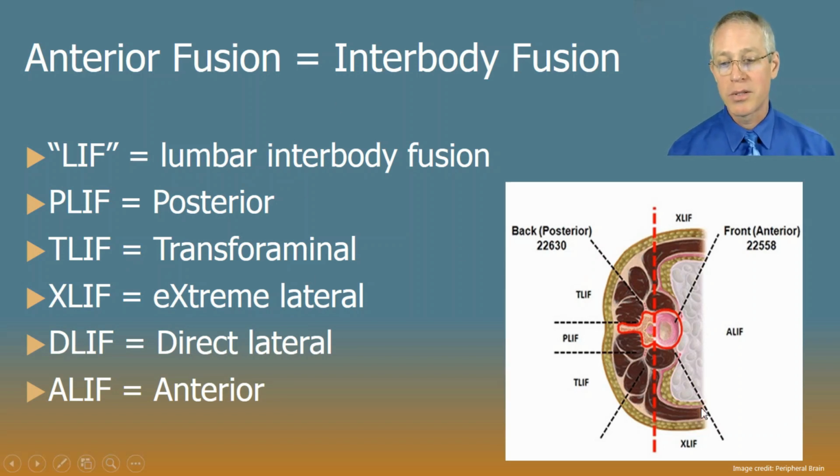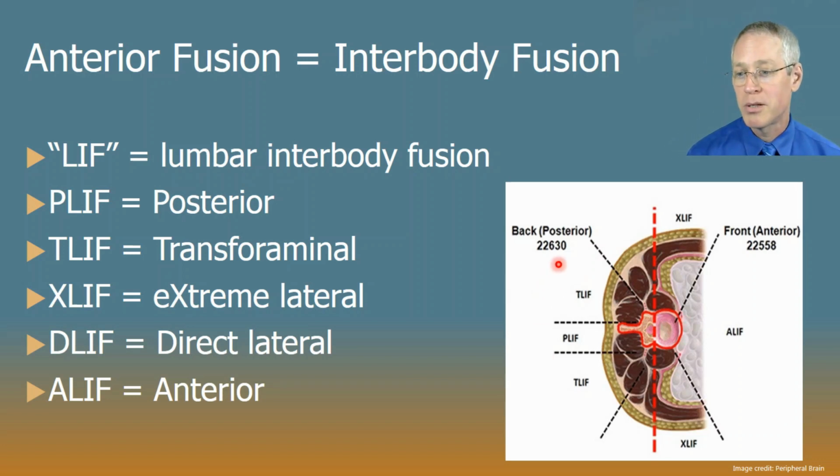anterior interbody fusions. But what you'll see, here's a patient lying laterally, so their back is here and their belly is up here. And there's the approach of the instruments to the vertebral body, which governs whether it's an anterior or a posterior approach. So these are divided for CPT purposes into just two families, a posterior approach and an anterior approach.